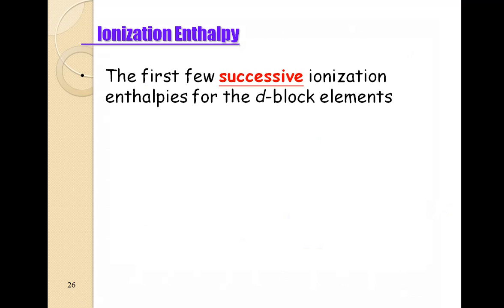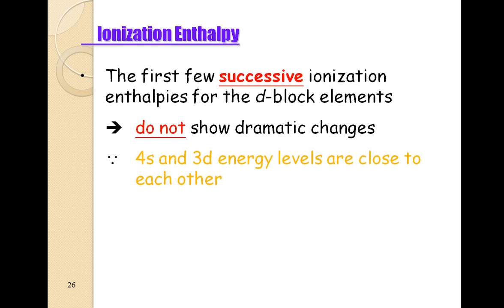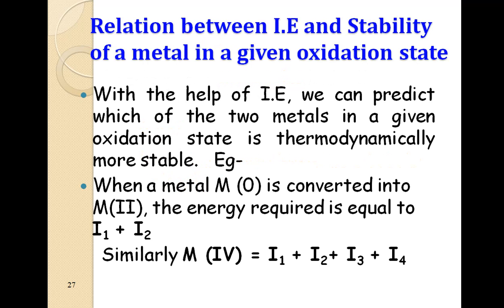So we can say the first few successive ionization enthalpies for the d block elements do not show dramatic changes because the 4s and 3d energy levels are close to each other. Now let us see the relation between ionization enthalpy and stability of a metal in a given oxidation state.